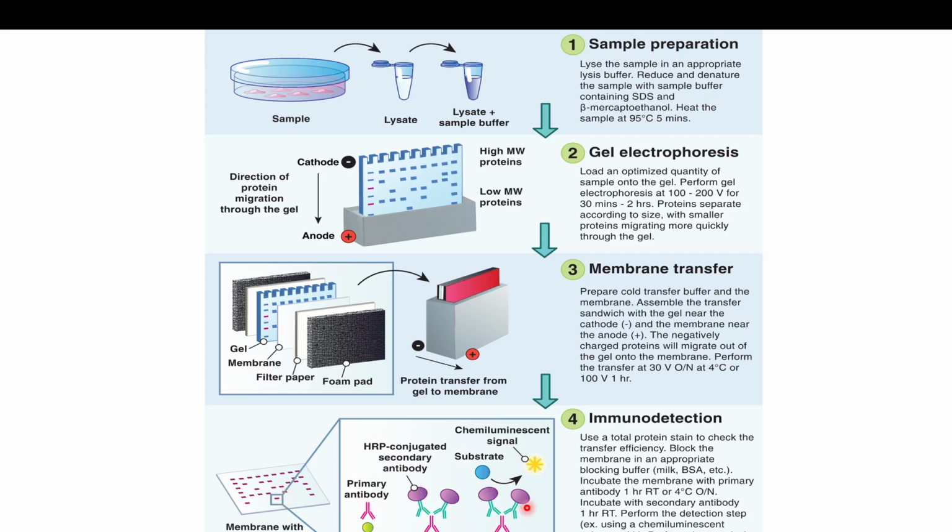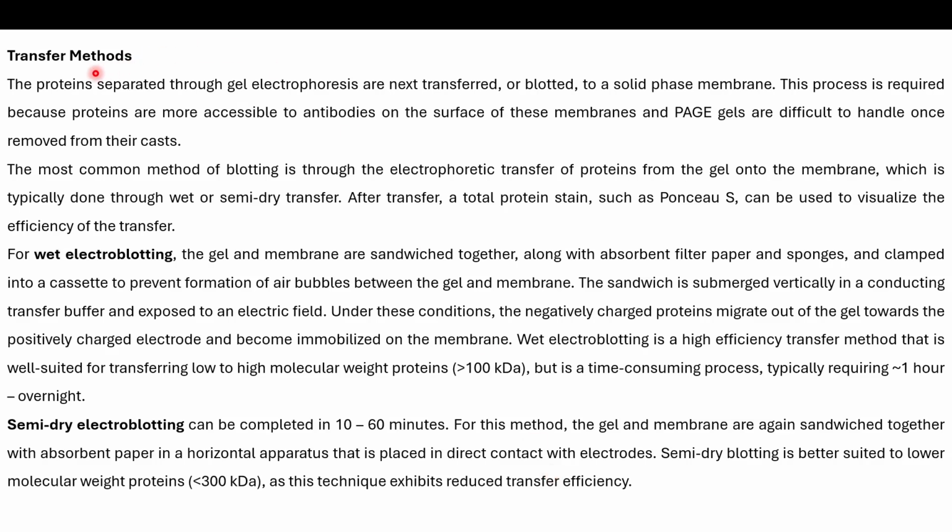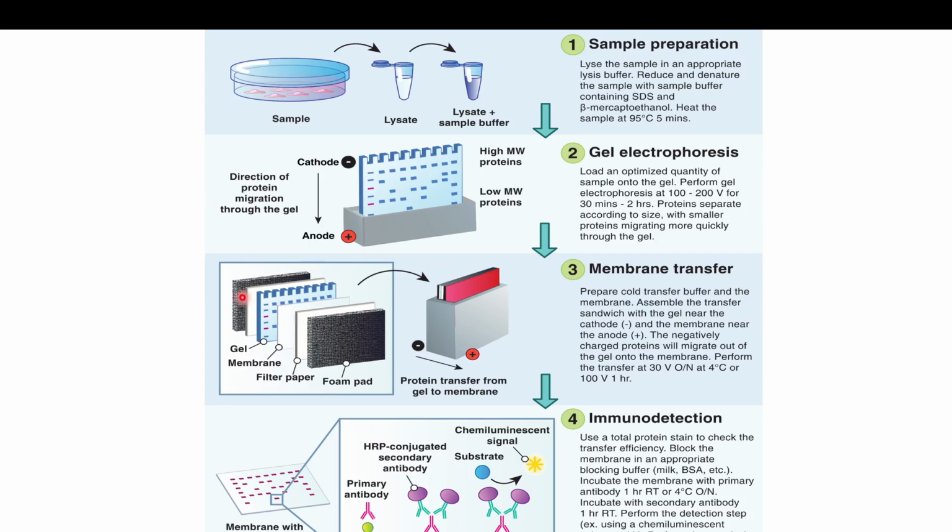Transfer methods can be wet or semi-dry. In wet transfer, this particular part is completely present inside a buffer, whereas in the semi-dry technique, you just let these things soak in the appropriate buffer, and a very small quantity of buffer is required.